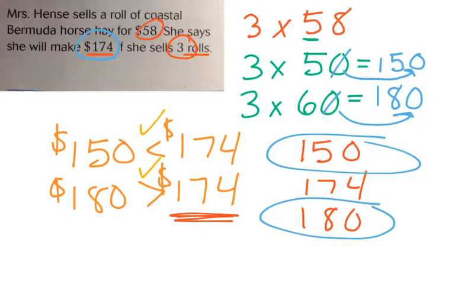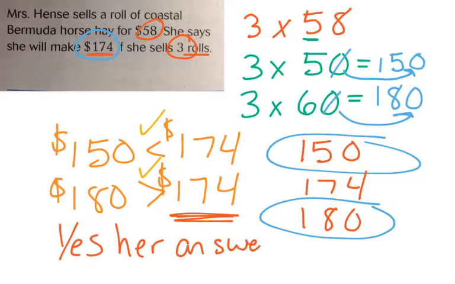Okay, we made our grilled cheese sandwich. We had our low number and our high number, and that 174 fit right in between. So we can now state that yes, her answer is reasonable. Her answer is reasonable because it fits in between my range.